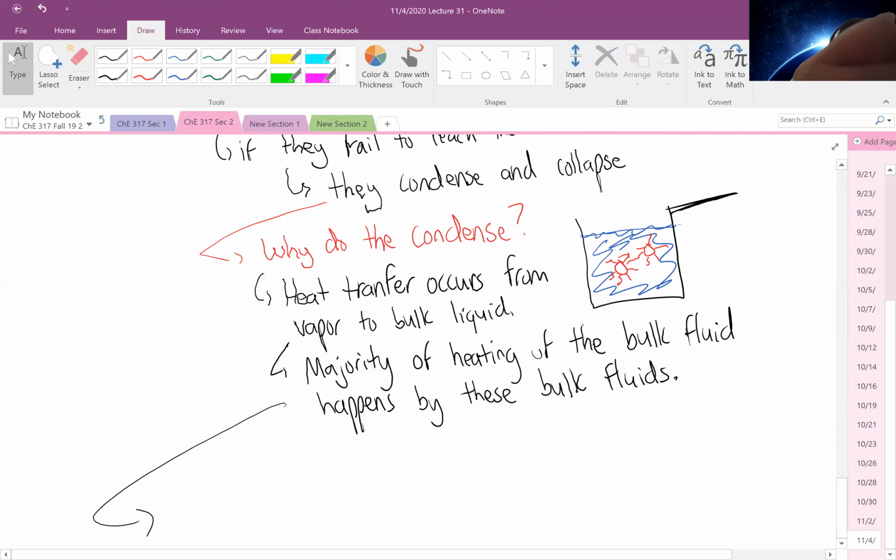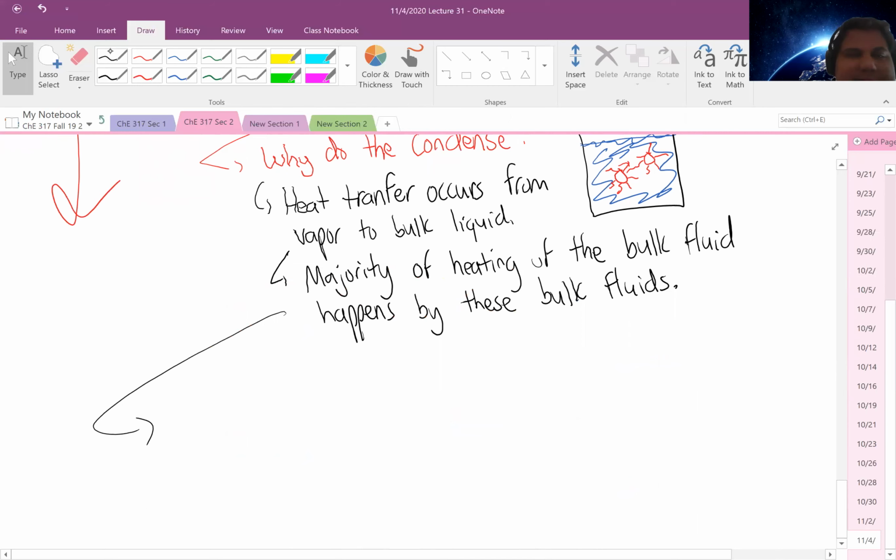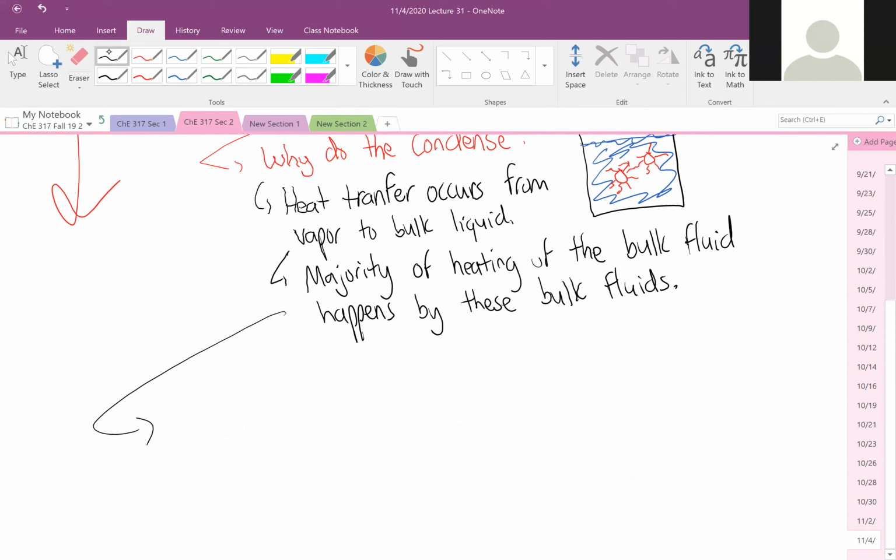And I'll just say this, keep heating, arrow. So we got bubbles. Some are popping, some are getting out. What happens if I keep heating it? The boiling occurs more rapidly.